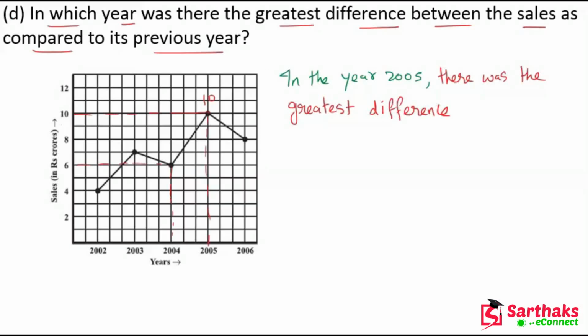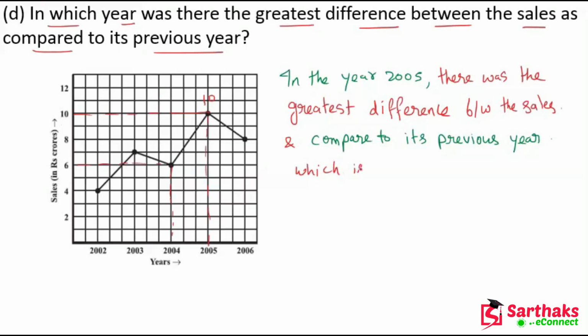There was the greatest difference between the sales. And if you compare to its previous year, here you can see rupees 10 crores minus rupees 6 crores.